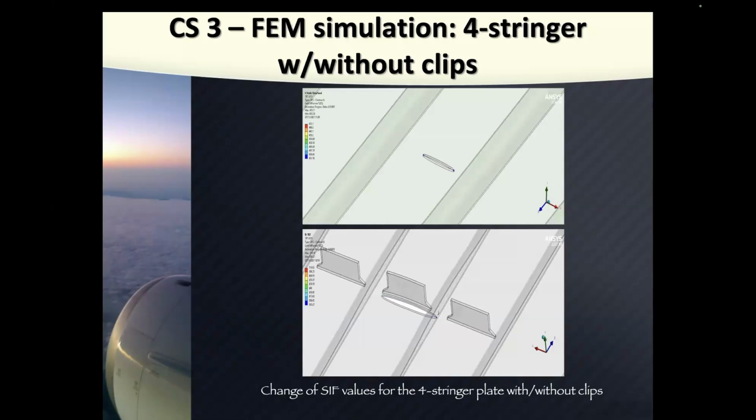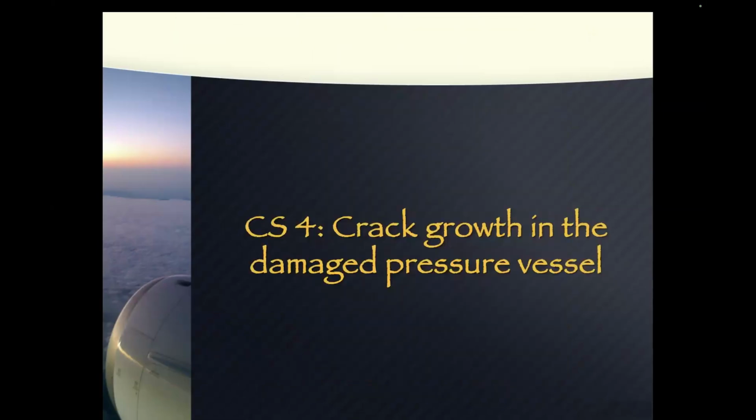I also checked that using simulations, and I got 5% longer fatigue life with the clips, which is also in line with what they got in their experiment. Again, I did this with the finite element method in ANSYS, so this is why I did not put these images here.